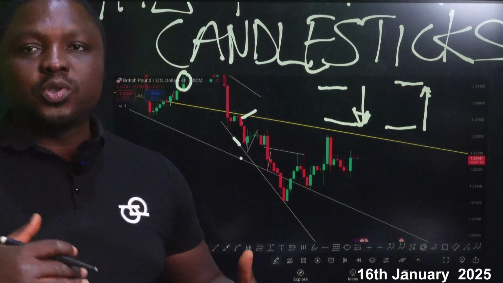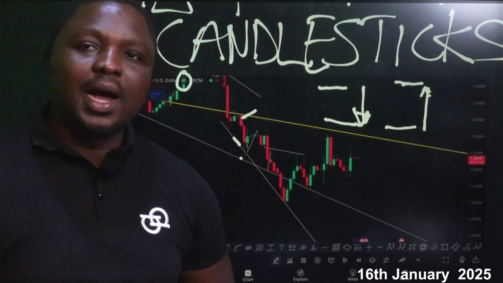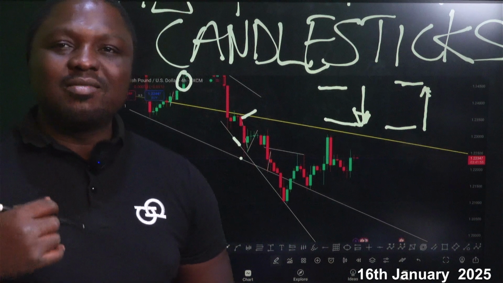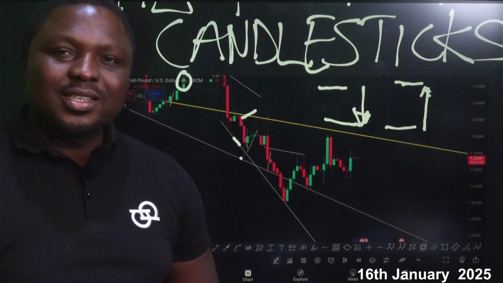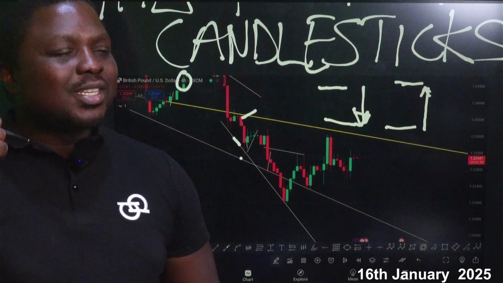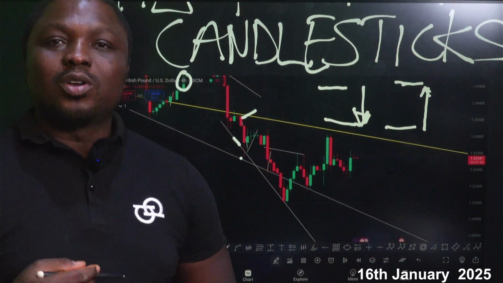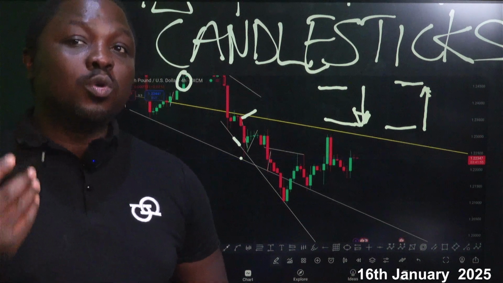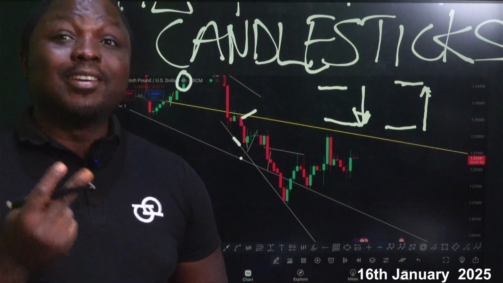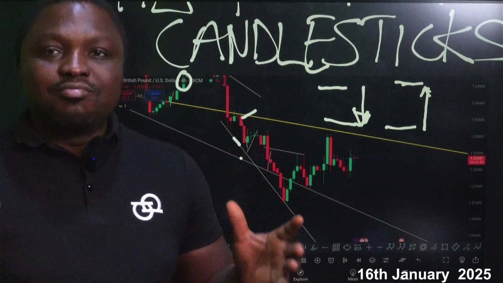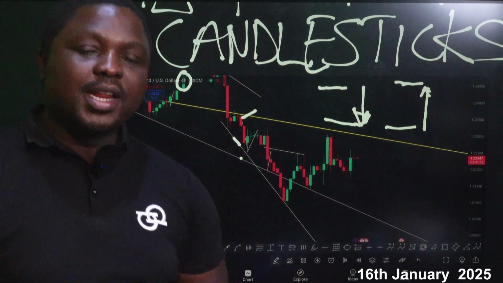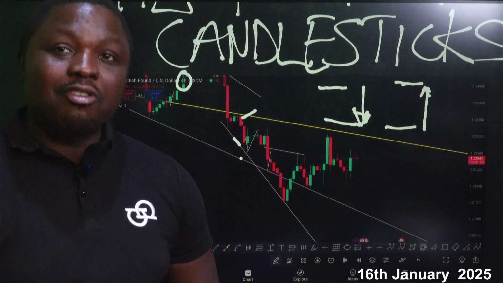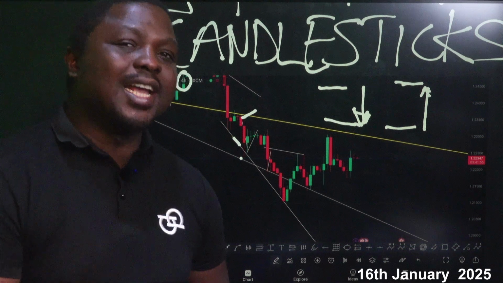At times you see what they call a pin bar or a doji, and you hear about candlestick patterns. Candlestick patterns could be two or three candles together, a cluster, which they call bearish engulfing or bullish engulfing.